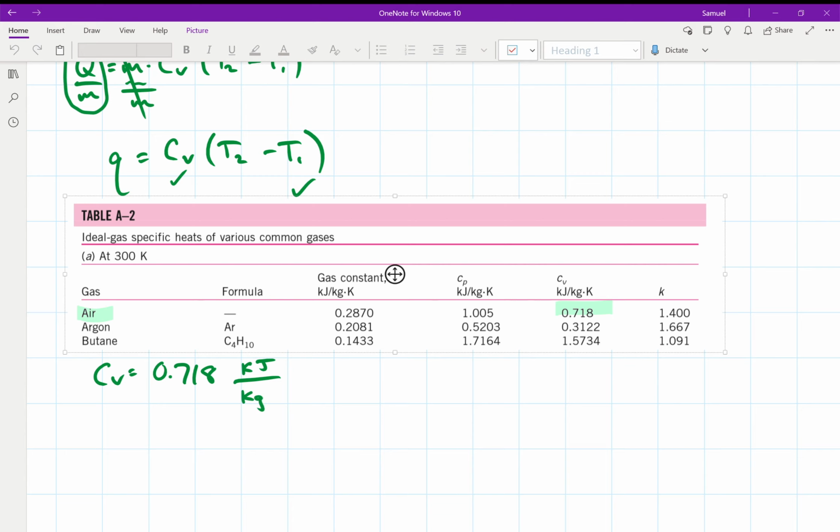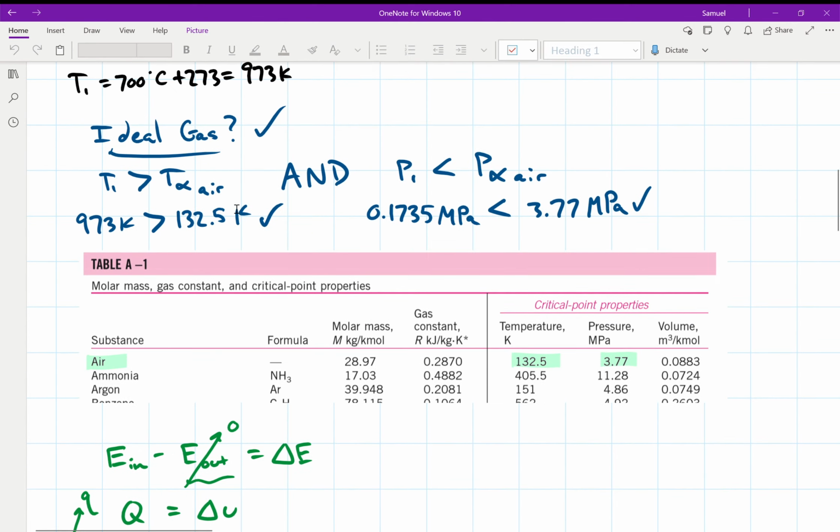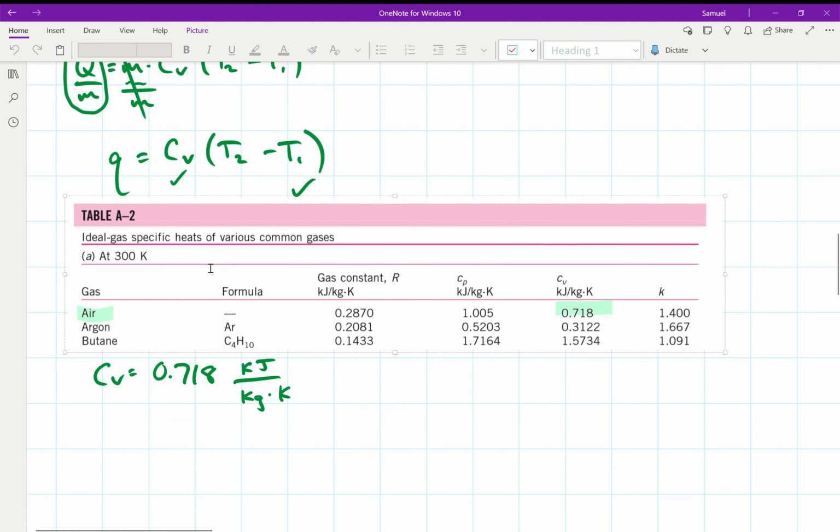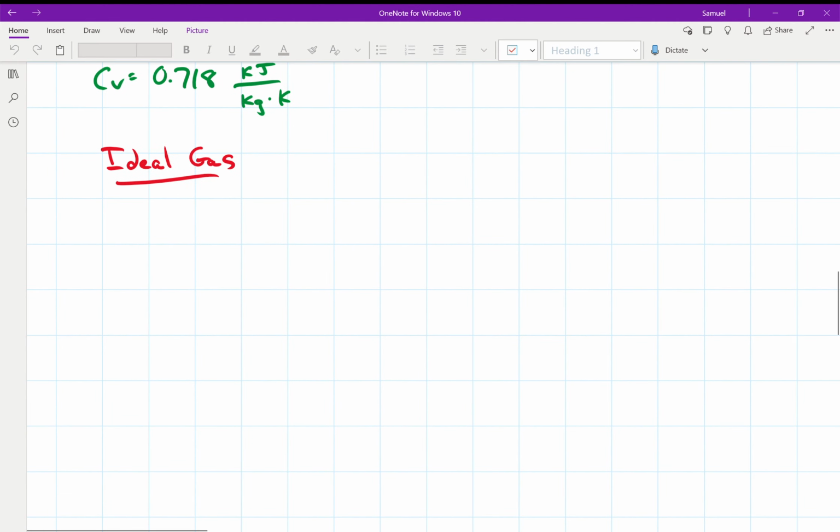One more value to find, and that is T2. And we're going to get T2 going back to the fact that we have an ideal gas, which means that we can write the ideal gas equation, which says PV equals mRT.